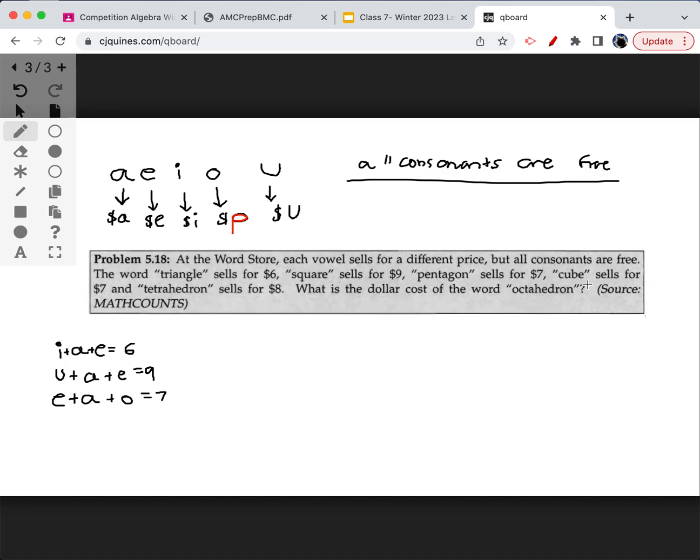Next, for cube, the only vowels we have are U and E, which cost $7. And then lastly, in tetrahedron, we have E plus A plus E plus O, or 2E plus A plus O is equal to 8.